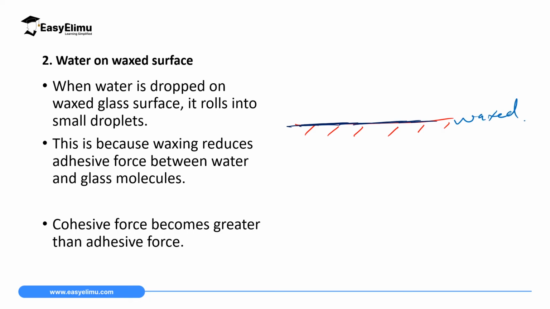On a waxed surface now, when you drop your water drops from up there, when they reach the surface, there will be no contact between the glass and the water molecules. So the water molecules will remain in spherical form because they are not in direct contact because of a layer of oil, which we call a waxed surface. So in this case now, the water will not wet the glass.